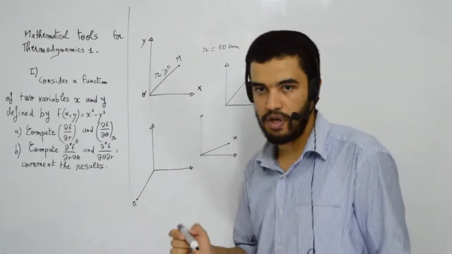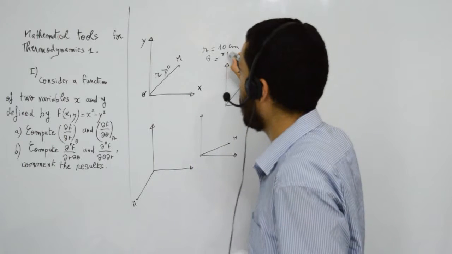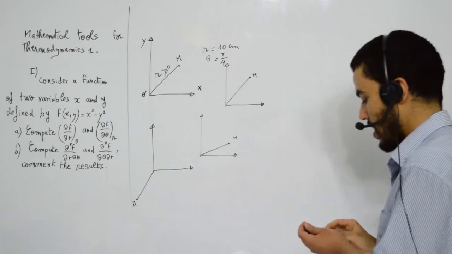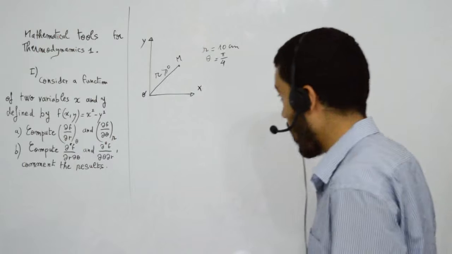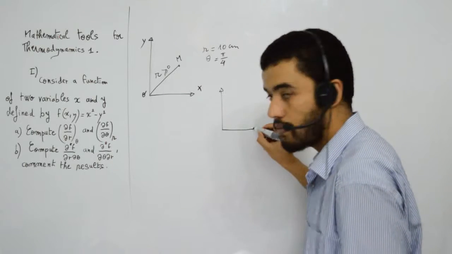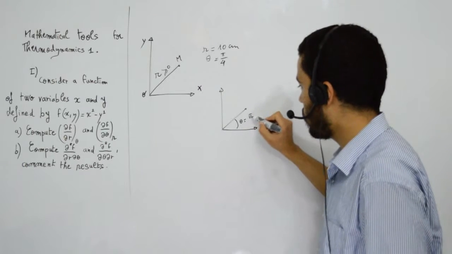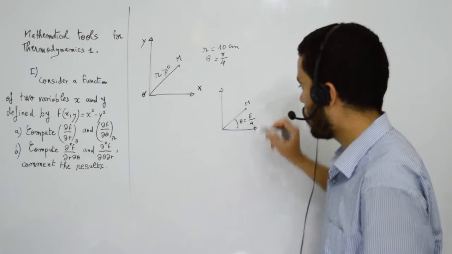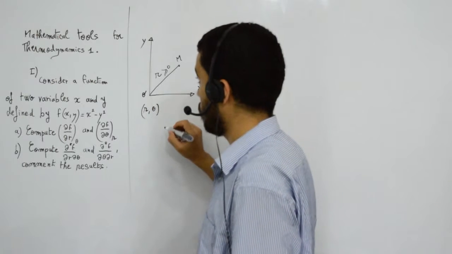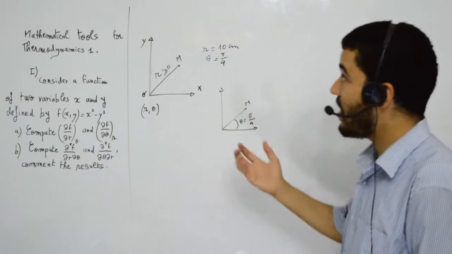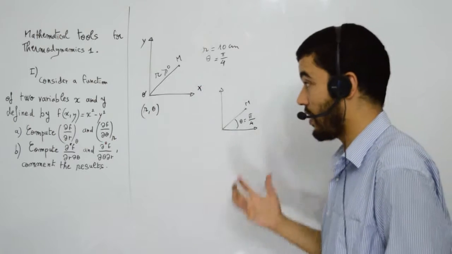If I tell you that theta equal pi over 4, everyone with tools can draw this. So with these two coordinates, r and theta, we can locate the point M accurately.